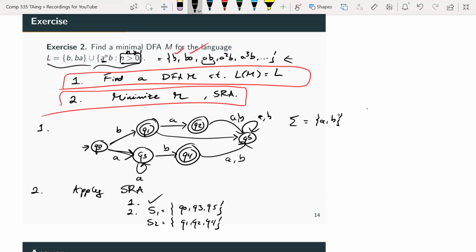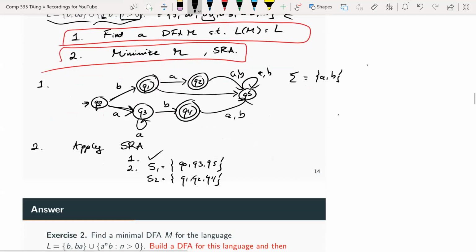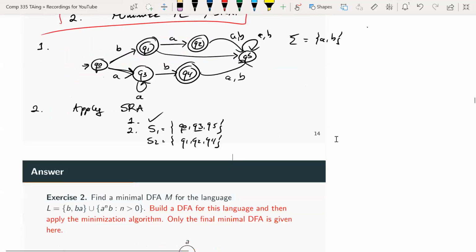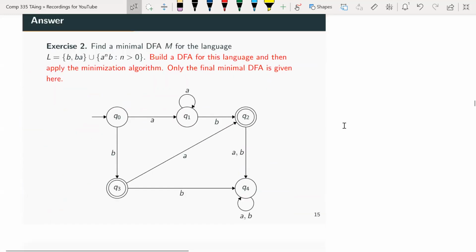Okay, and then from there, for each partition and for each pair in that partition, you check if they're distinguishable or indistinguishable, and they'll split or stay together accordingly. But I'm not going to do that because I think two examples is already enough to get the idea. I encourage you to do it at home, and we already have the answer given, so you can just double check with this.